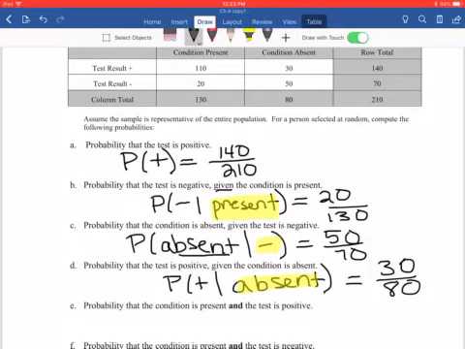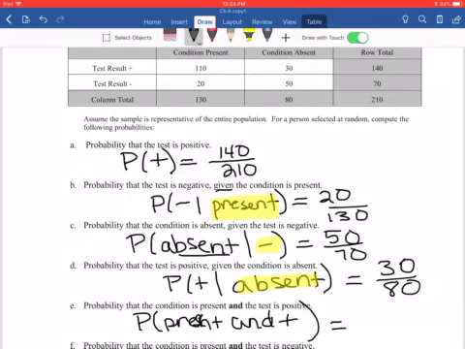All right, this next one is find the probability that the condition is present and the test is positive. Okay, this is no longer a conditional. This is a multiplication rule.